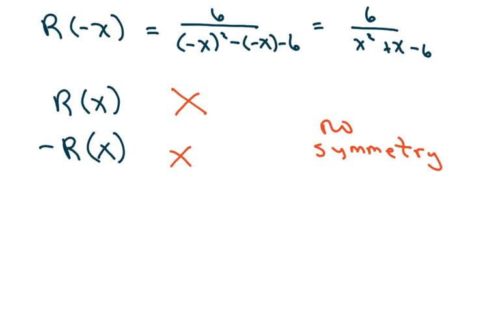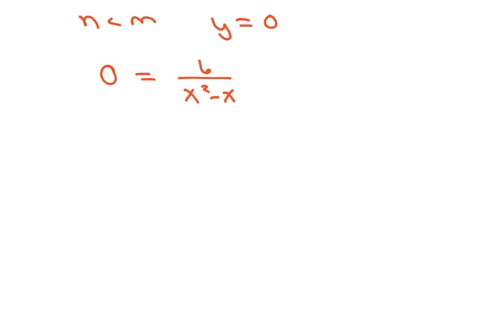We already found the vertical asymptotes. Since n was less than m, we had a horizontal asymptote at y equals 0. So we're going to see if the graph crosses or intersects it. When you cross multiply again, you're going to get 6 equals 0.